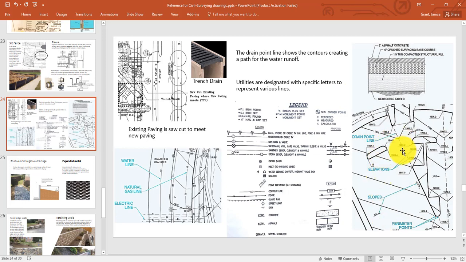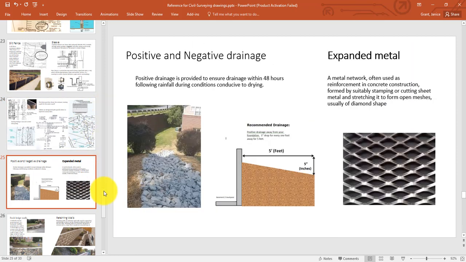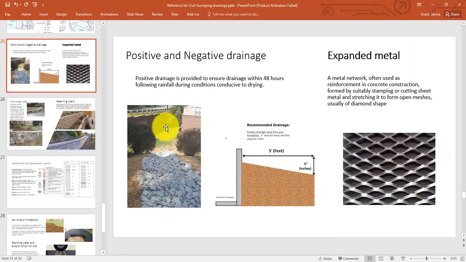So we know we have elevations and we have slopes, and there's usually a detail that shows the different layers, the compacted fill underneath that holds the ground solid. There are ways of creating with crushed rock this kind of drainage that we need for the site.